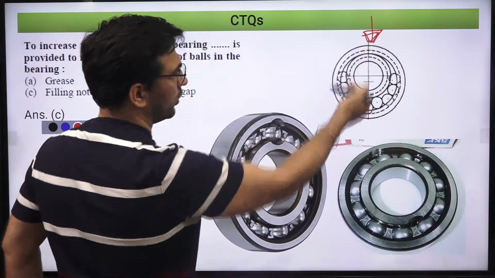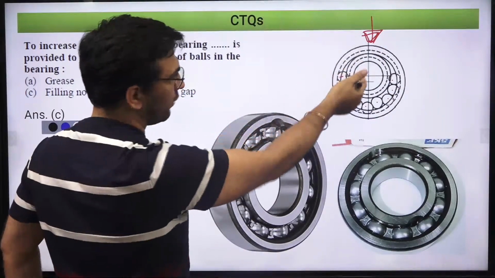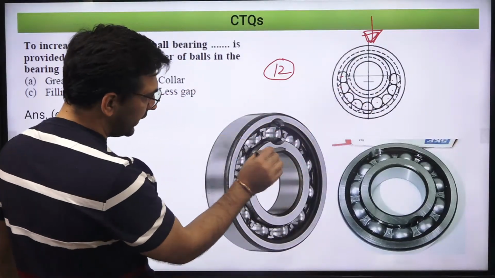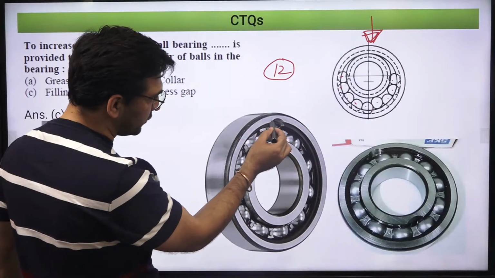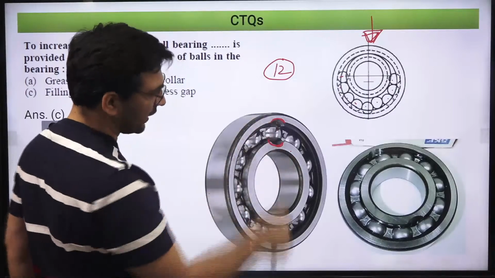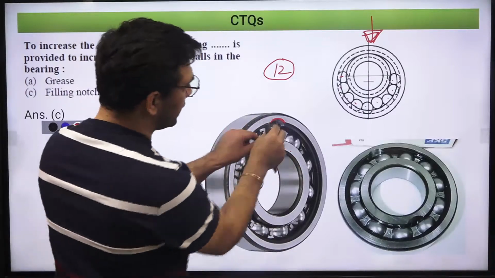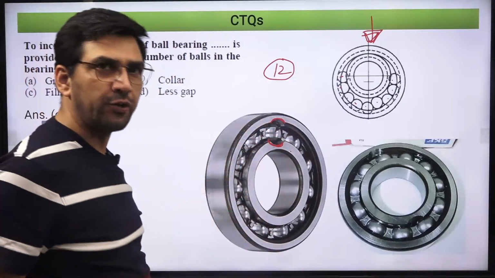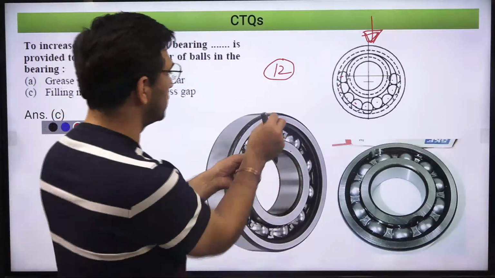Let's say I want to increase the load carrying capacity, so I want to introduce 12 balls. I cannot introduce them by this method. So what we do is, in the inner race and outer race, we provide a notch over here. We cut it, and then introduce the balls. So any number of balls I can introduce this way, from here.